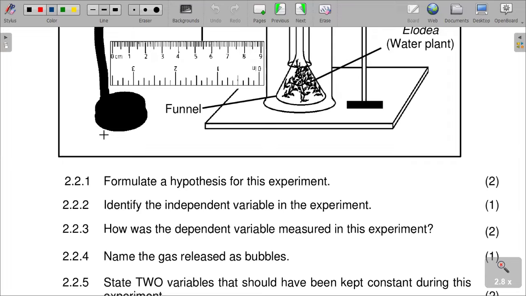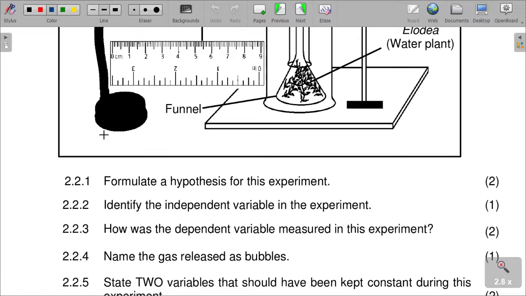When you're asked to give a hypothesis, it provides a guideline towards an investigation by giving an answer before the investigation is done. When an investigation is being done, we give a hypothesis as the probable answer to the investigation that will be carried out.